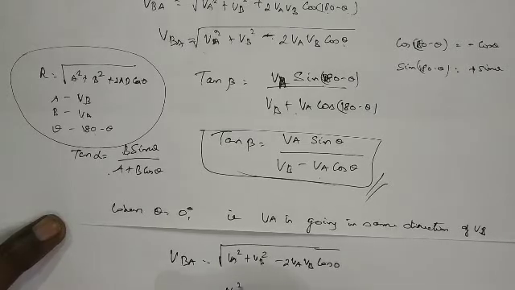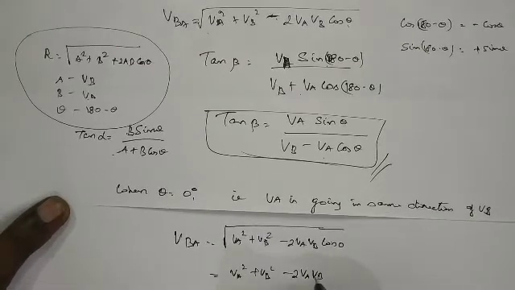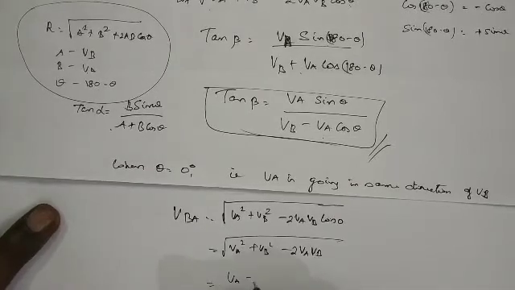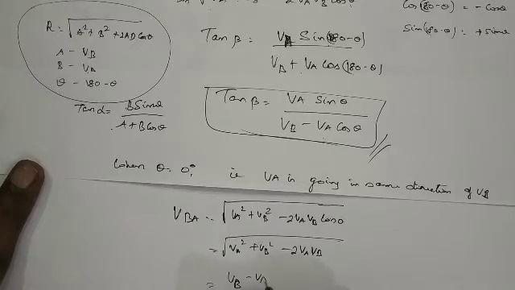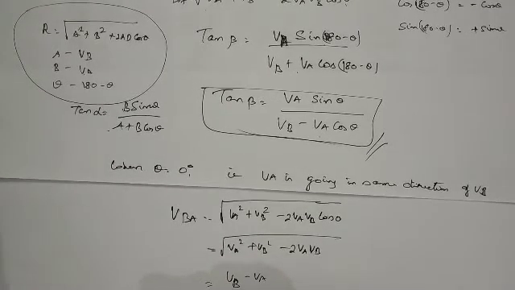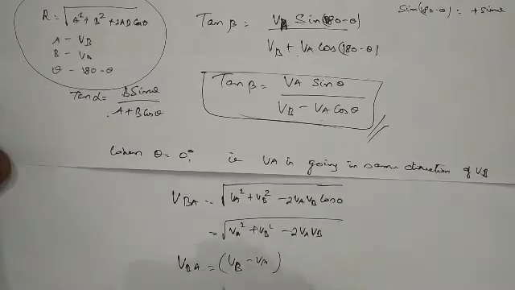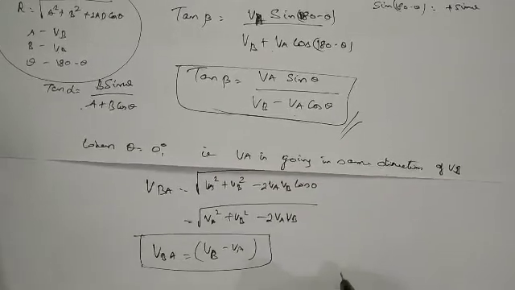That is going to be equal to VA square plus VB square minus 2 VA VB, which will be equal to VA minus VB. So it's going to be equal to VB minus VA, right? And VBA, we know this value already because this is the way in which the relative velocity works when it is going in the same direction.